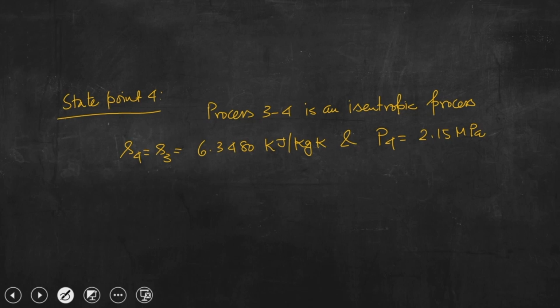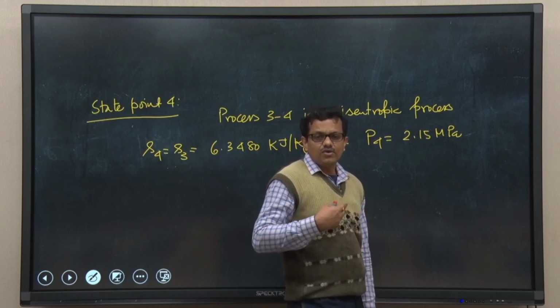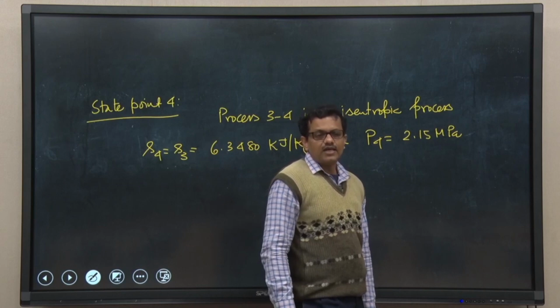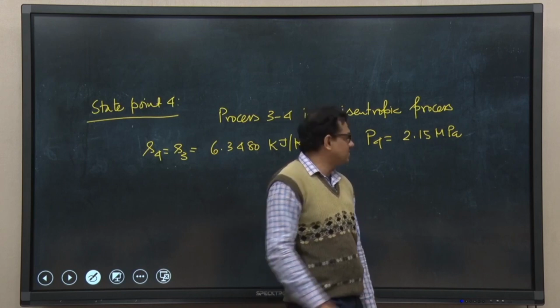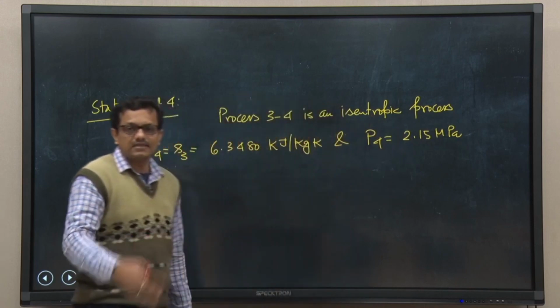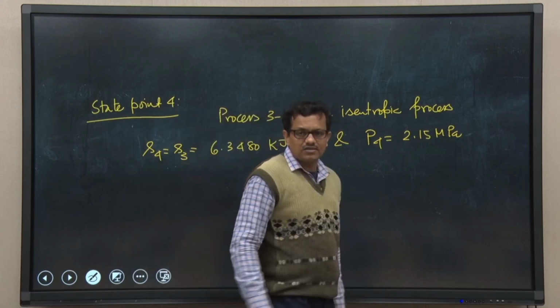We know the pressure, so again we can go to the steam tables. Initially, we can go to the saturated water pressure table, right. By looking at the saturated water pressure table at that pressure, we try to find out what is Sg. So, I am telling you the procedure steps.